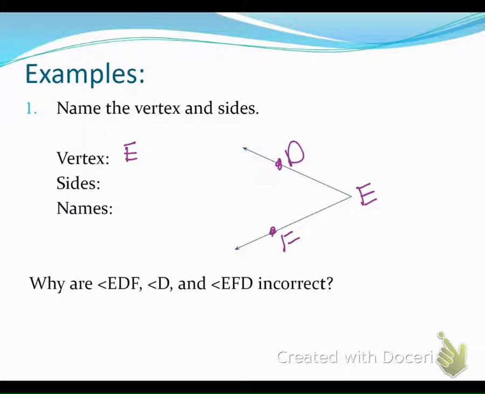If we were going to name the sides of this angle, how could I name them? Natalie? D and F. So D and F are on the sides, but we're going to name them as rays. So can anybody? Taylor? Yep. ED and EF.